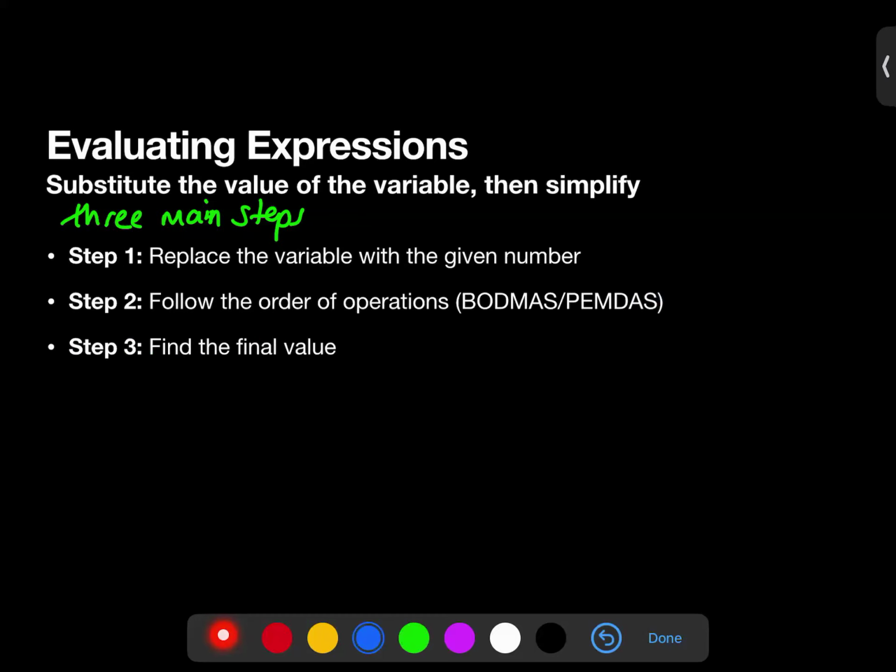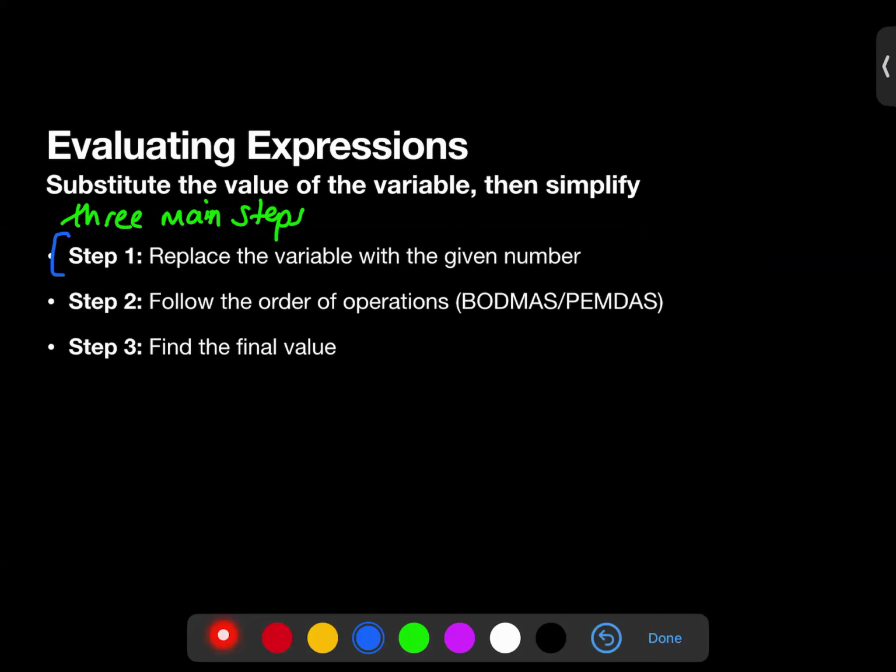The first step is to replace the variable with the number you are given. For example, if you have an expression like 3y plus 81, you'll be told, okay, y equals 7 or y equals 6, and then that can be replaced with the variable.